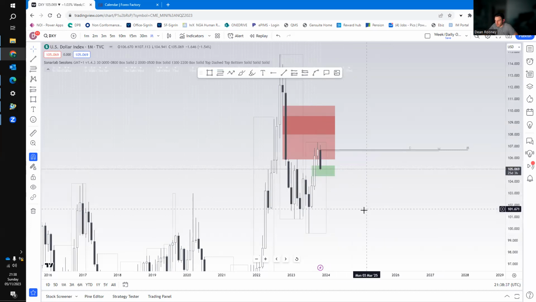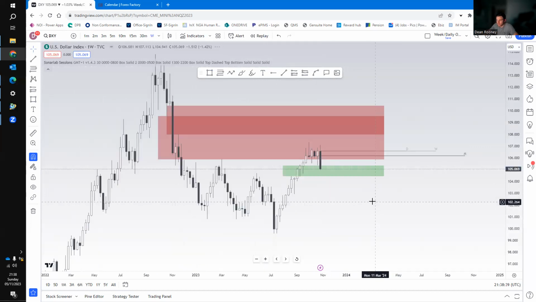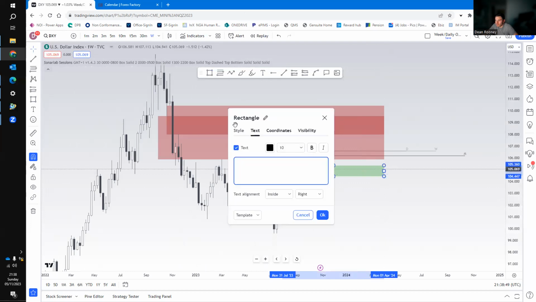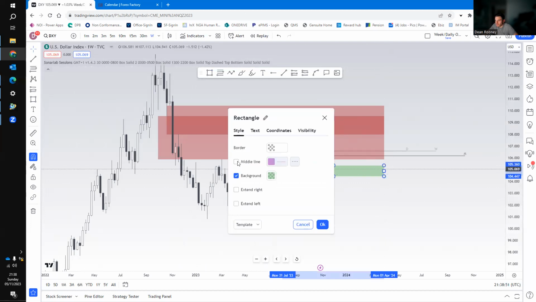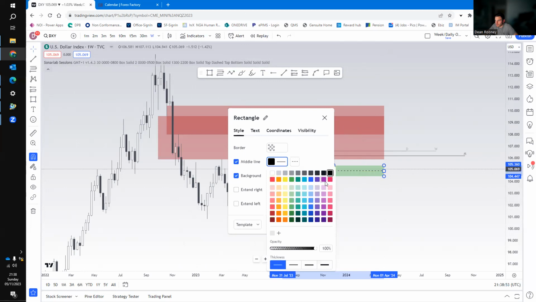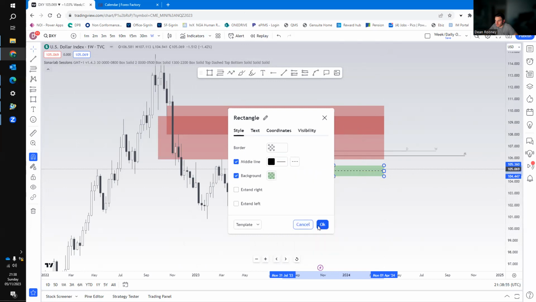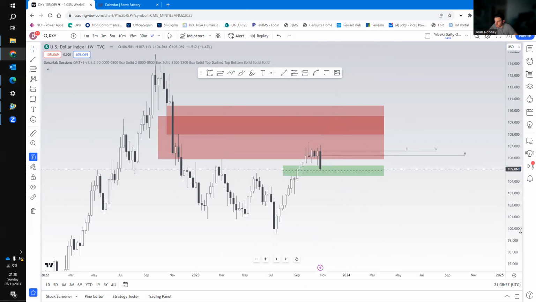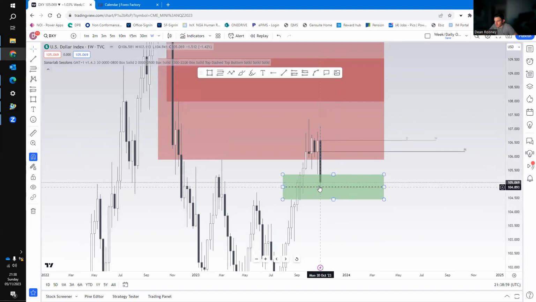The thing that was quite interesting for me on the weekly was this came down in here and we didn't get a close through 50% of that. So if I just double click this actually and put the middle line on, there's the middle line. You'll see we came down towards that area, but we closed back in the top half of that.